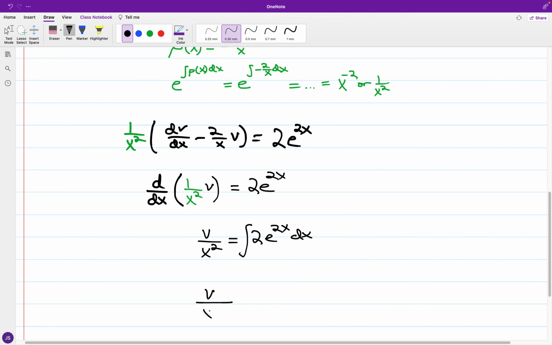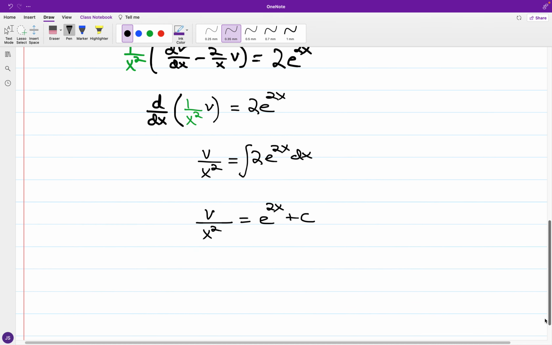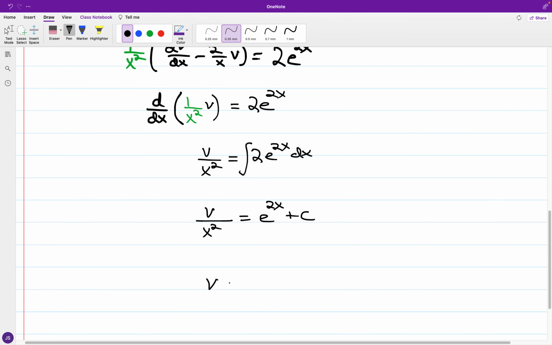Again, we have v over x squared is equal to e to the 2x followed by the constant. And we have that v is equal to x squared times e to the 2x plus cx squared.